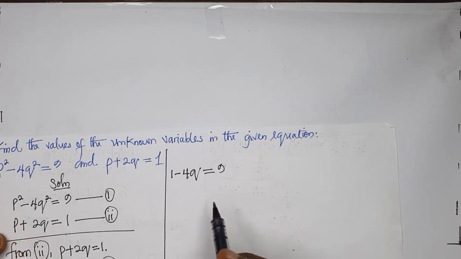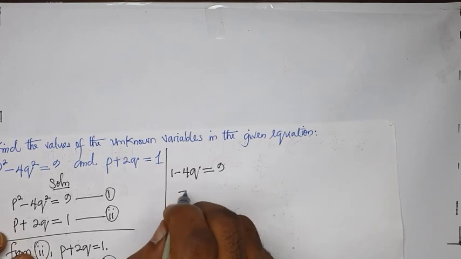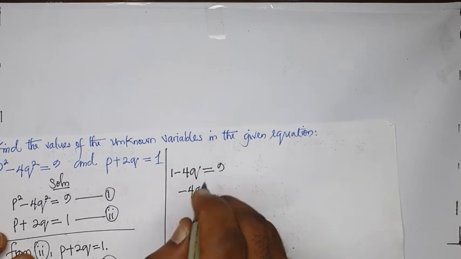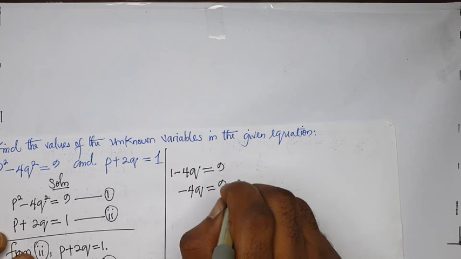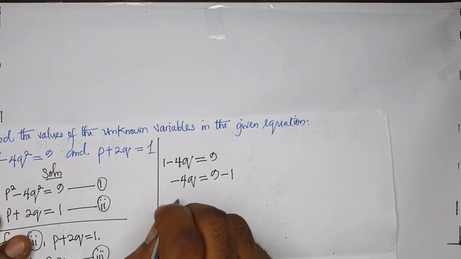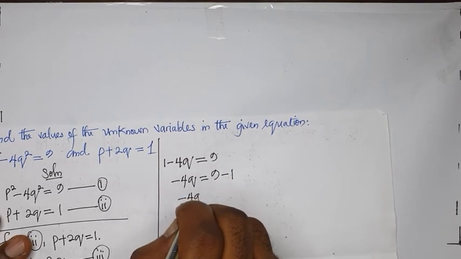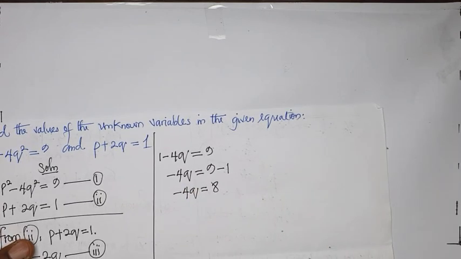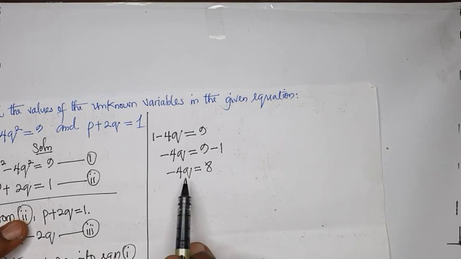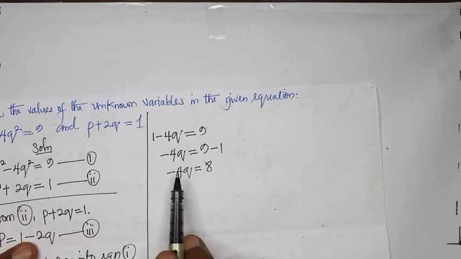Now I'm going to collect like terms, leaving negative 4q on the left hand side. On the right hand side, I'll be having 9 minus 1. Negative 4q still remains on the left hand side, while on the right, 9 minus 1 gives us 8. It is time to find the actual value for q. And the only way to do that is to remove negative 4.